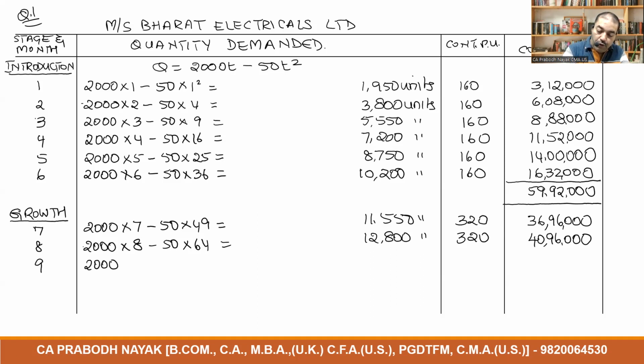Ninth month. 2,000 into 9 minus 50 into 81. 13,950 units. Multiply by 320. 44,64,000.